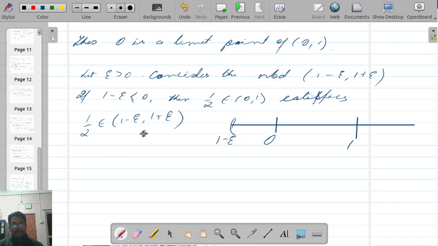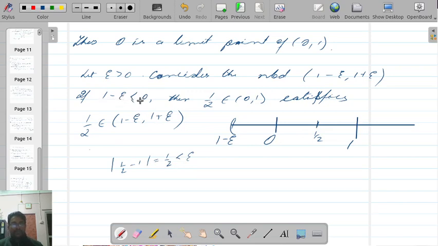And the modulus of half minus 1 is equal to half, and that is always less than or equal to epsilon.